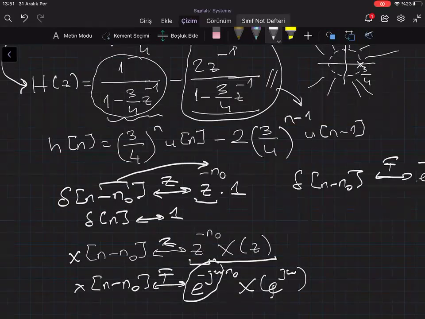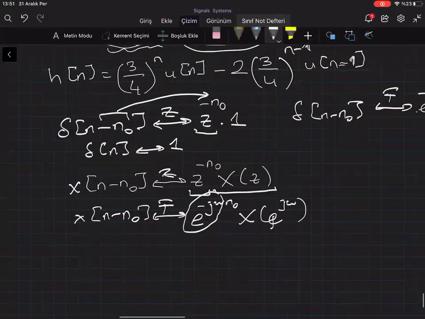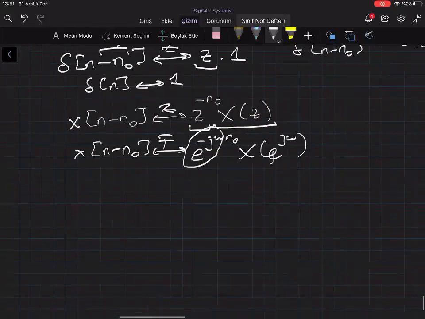Except for this part, these two things are equal to each other. I write 3 over 4 to the power n u of n. Then I say, because this is z to the power minus 1, I have to put minus 1 here. It is something like that, arkadaşlar. 1 over 1 minus 3 over 4 z to the power minus 1.